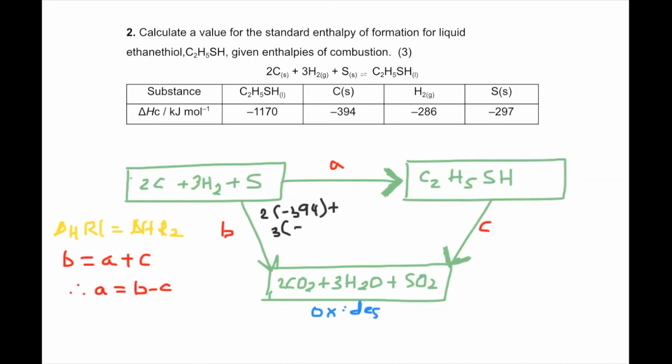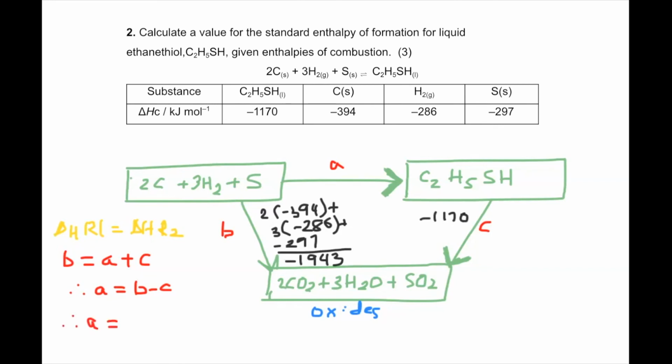So B represents the combustion of carbon, and then we add the combustion of 3 hydrogens and the combustion of 1 sulfur. Add these values up together. C represents the enthalpy change of combustion of C2H5SH, which is given to us. So there's no calculation needed there.